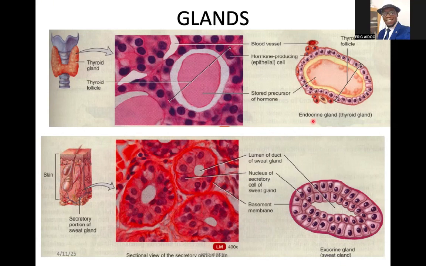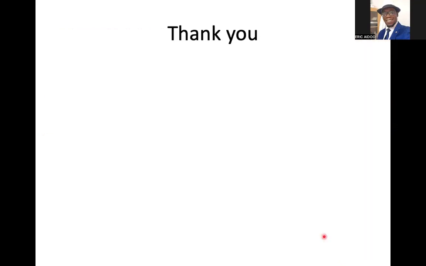Because it's an endocrine type, it will be the blood that will transport its secretions. Then you also have in the skin, the lumen of the duct of the sweat gland, and then the nucleus of secretory cells of the sweat gland. So these are the secretory cells, that's the duct, basement membrane. So obviously, this secretion will go through the duct because it's exocrine type.